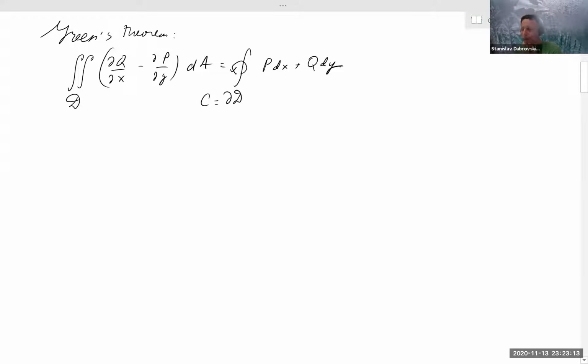Good. And last time, or maybe the time before, we interpreted it in a vector form, and actually two different ways.